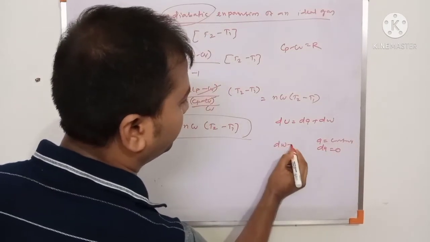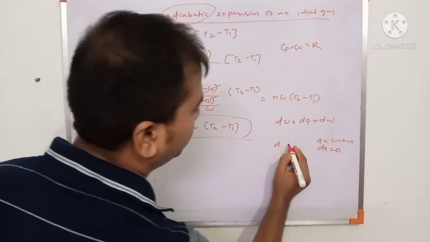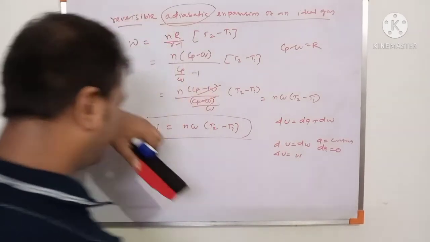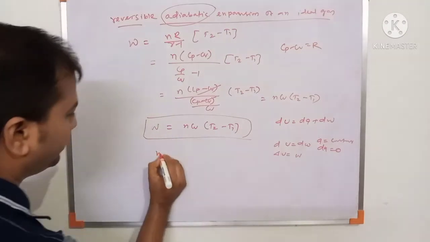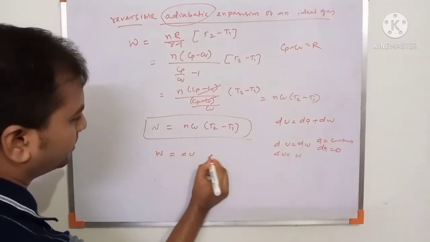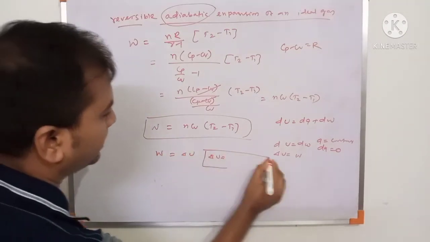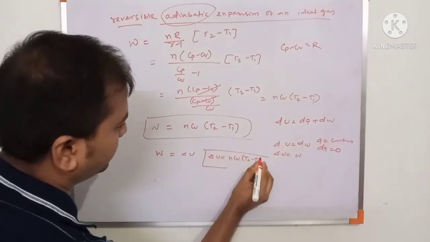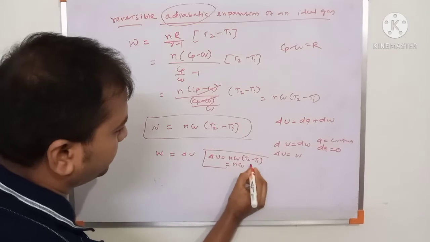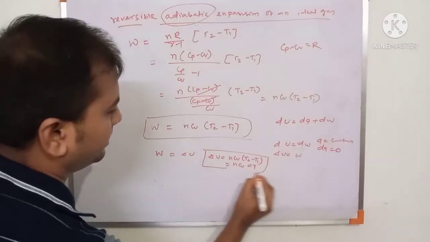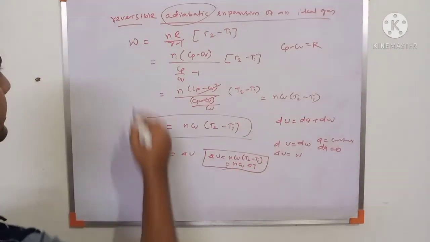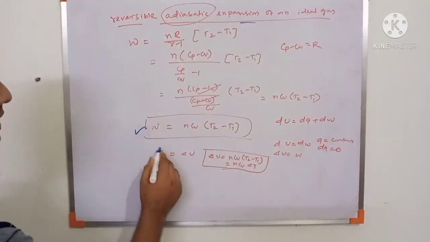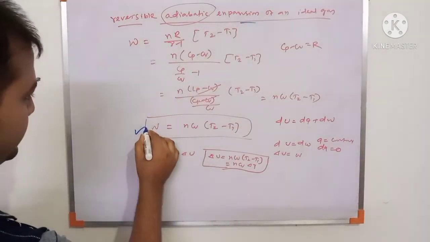So dU equal to dW, but delta U equal to W. So W equal to delta U. So delta U equal to, remember, n Cv T2 minus T1 or n Cv delta T. This equation is all about reversible adiabatic expansion of an ideal gas. This one equation and other two equations already discussed.